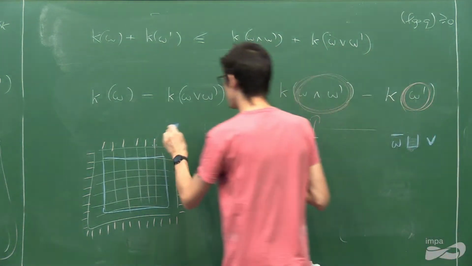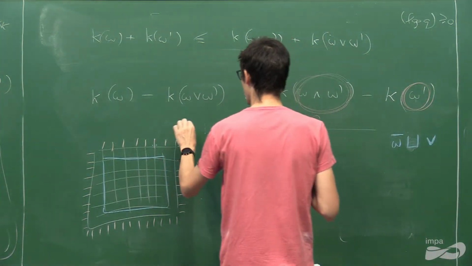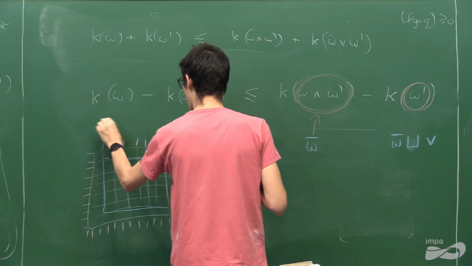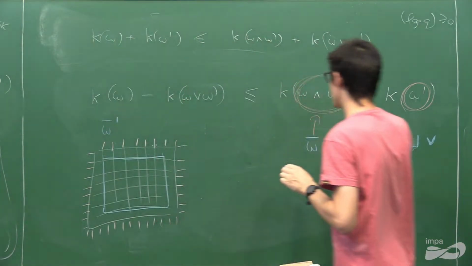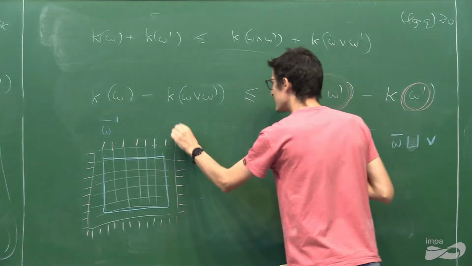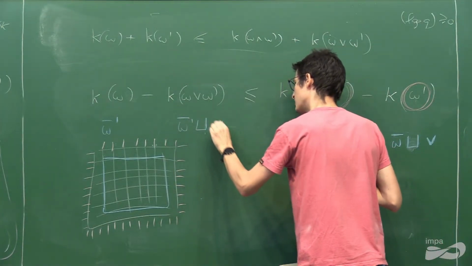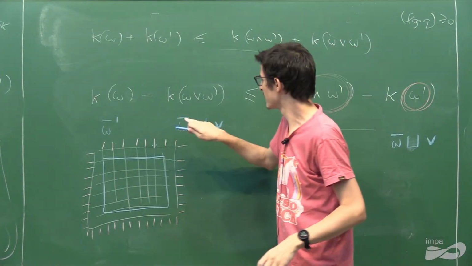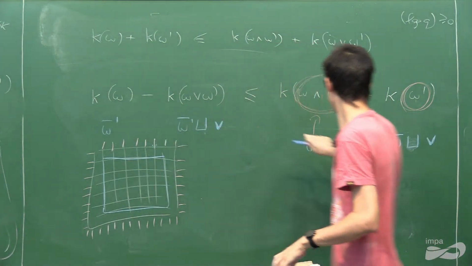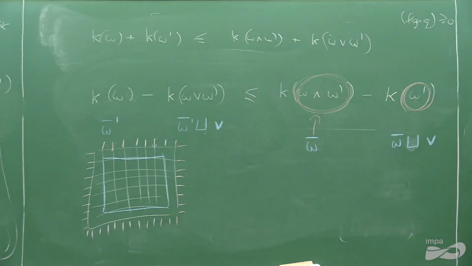And here what you have is a configuration omega bar prime, which is larger than omega bar. And here you have omega bar prime union exactly the same thing. To go from here to there and to go from here to there, you're adding the same edges.